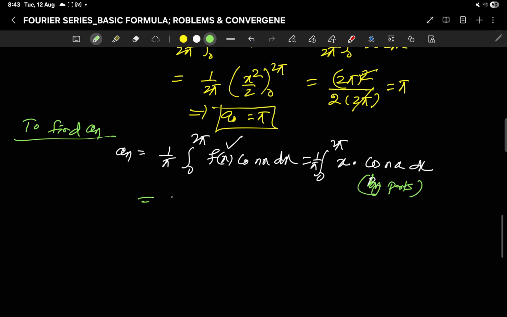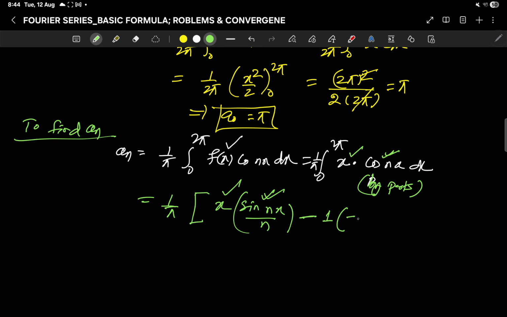So what will we get? It is 1 by pi. If you integrate, my first function remains as it is. Integral of the second is sin nx divided by n. Put a negative sign. Derivative of the first is 1. Integration of the second is minus cos nx divided by n square. Okay, so directly applying by parts we will get it.